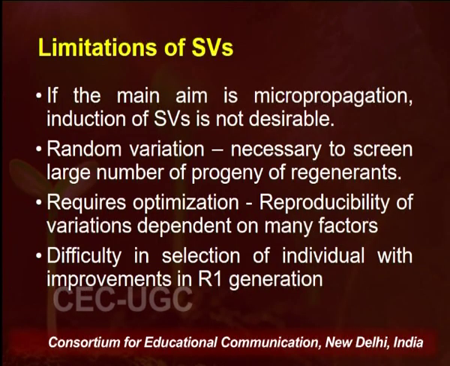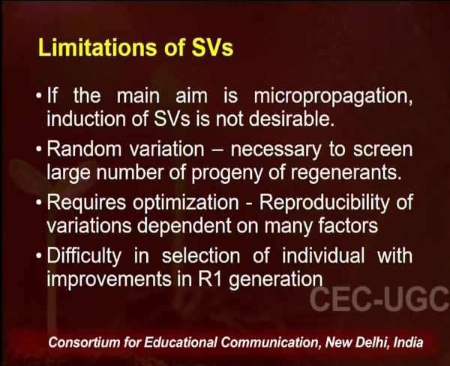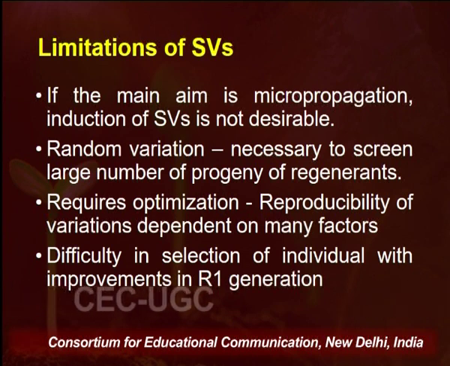Now, apart from certain applications, there are certain limitations of somaclonal variations. If the main aim of tissue culture is micropropagation, then induction of somaclonal variation is not desirable, because in micropropagation we mainly focus on developing clones. So in such cases somaclonal variations are not desirable.